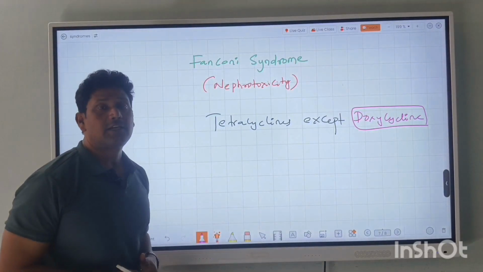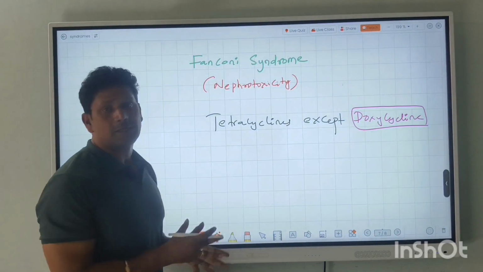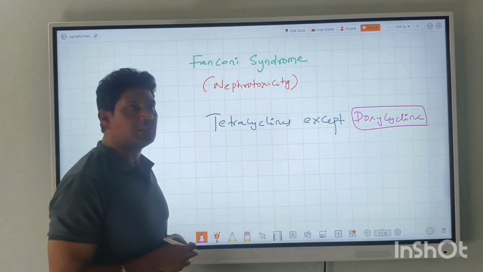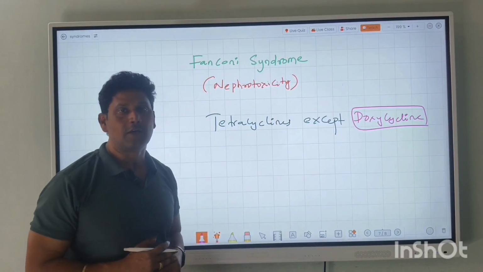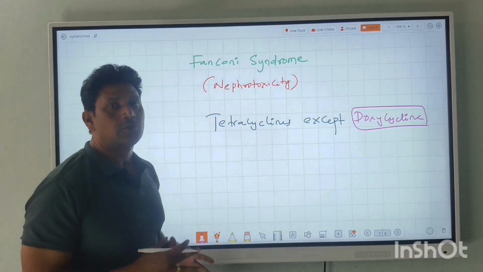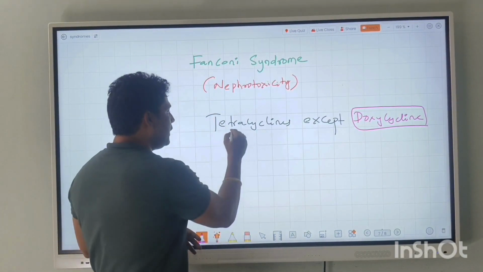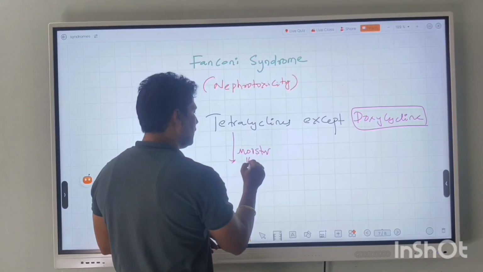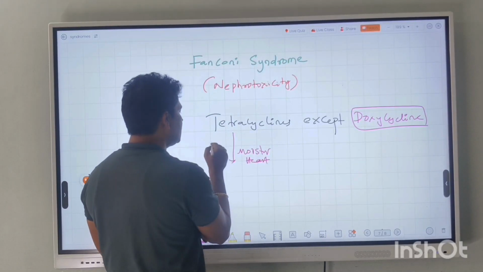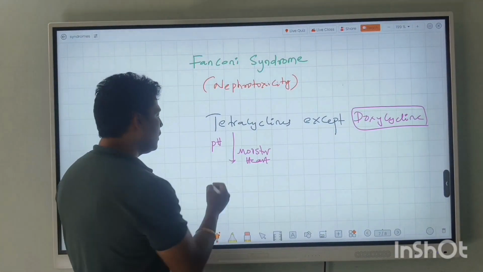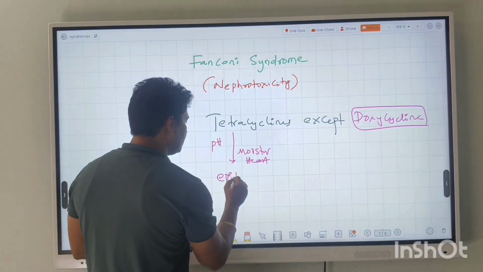So the reason is, tetracyclines are basically broad spectrum antibiotics. Tetracyclines again inhibit protein synthesis, similar to chloramphenicol. So tetracyclines, when exposed to moisture or heat, or any changes in the pH, undergo epimerization and come to epitetracyclines.